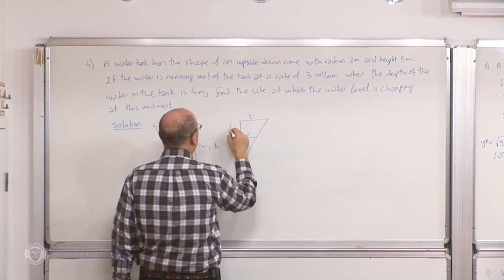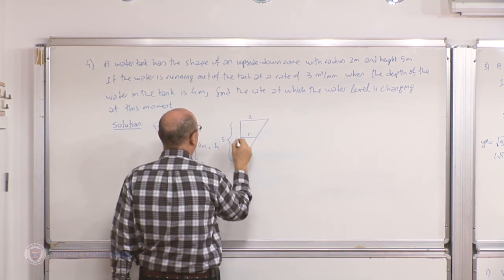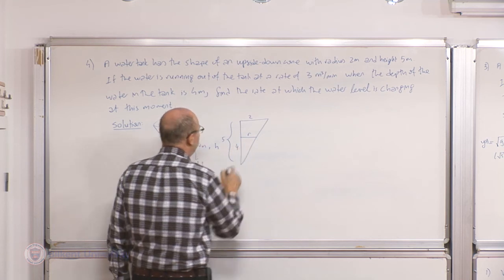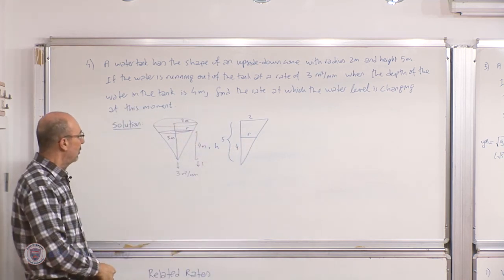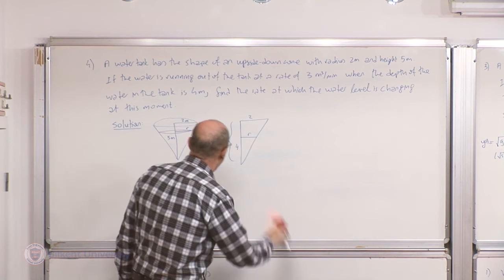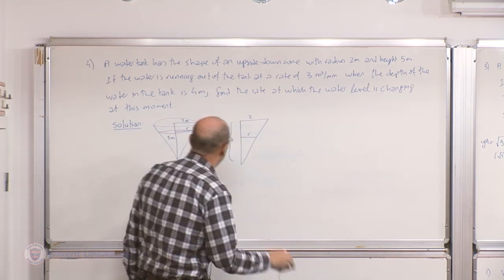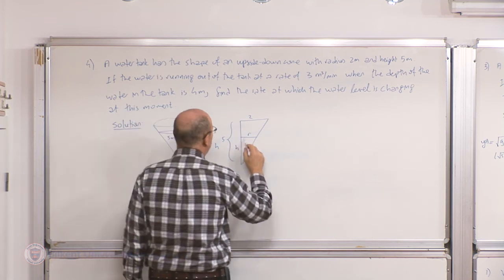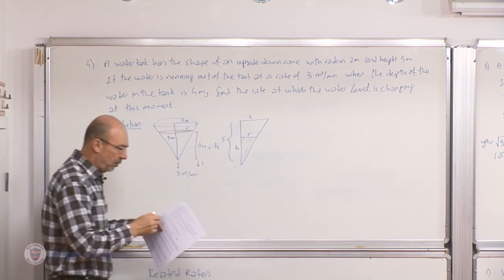The whole thing is 5, and this part only is 4. No, it is h. At that moment it is 4, at h. So this is typically what happens. There is water here.